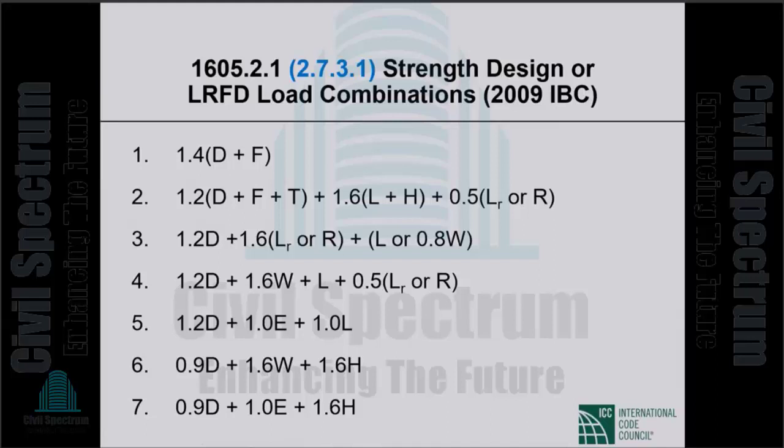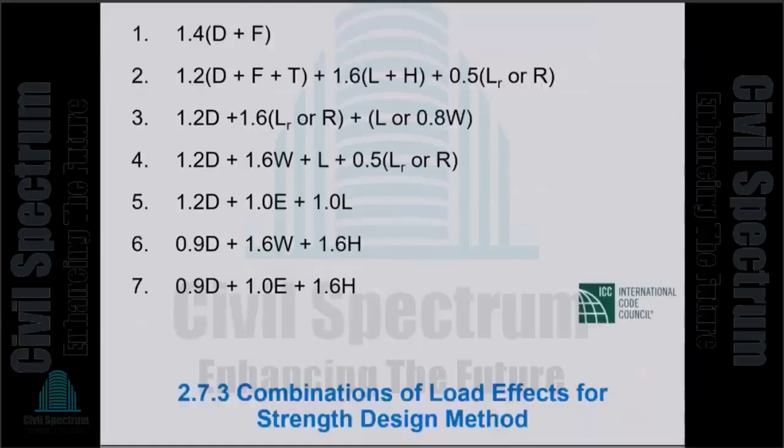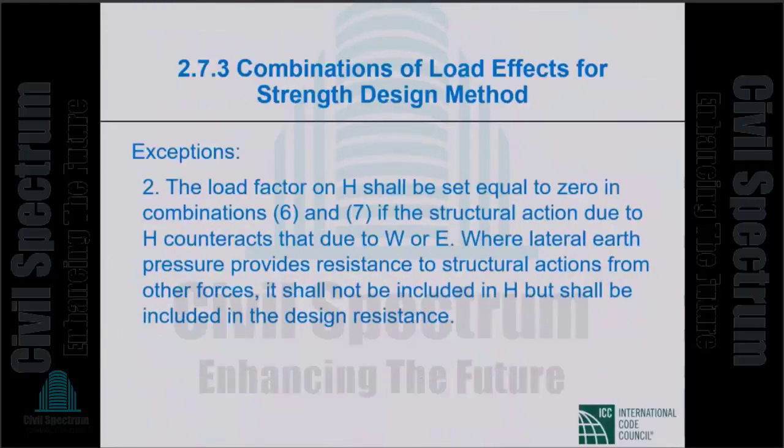If the bending moment caused by horizontal earth pressure is in the same direction as bending moment caused by wind or earthquake, the load factor on H is 1.6. However, if the overturning moment caused by horizontal earth pressure counteracts the overturning moment caused by wind or earthquake, the load factor on H is 1.0, not 1.6. Okay, that's very important. So that's said in exception 2.